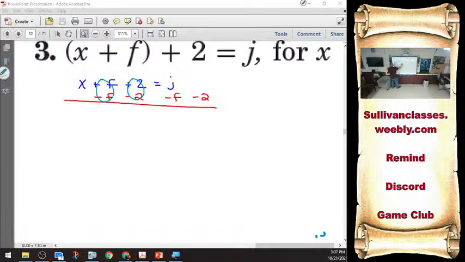This zeroes out, this zeroes out. Are any of those like terms? No. J minus f minus 2. That's it. All you're doing is rearranging things. It doesn't have to be difficult. You're just moving things around.